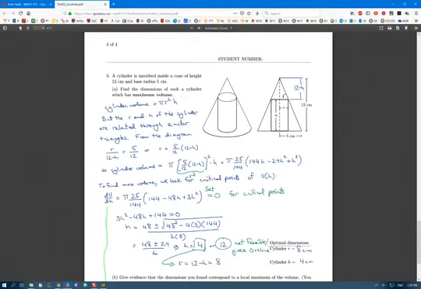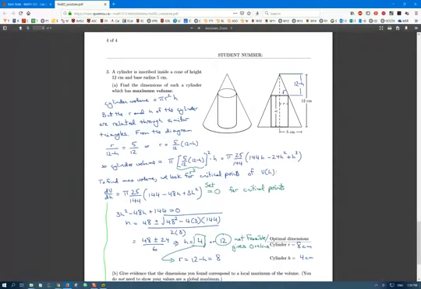Even just looking at this, there does seem to be something dodgy, because the base radius is 5, and we're claiming that you need an 8 centimeter radius to get the best volume, which would be impossible.